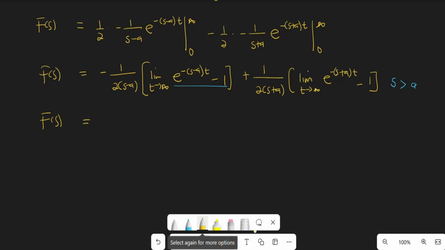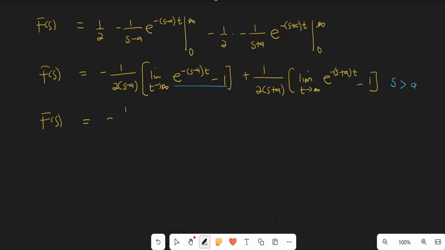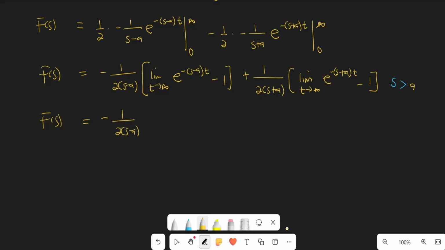So imposing that assumption means this exponent is now going to be approaching negative infinity as t is approaching infinity. And as the exponent is approaching negative infinity, everything here is going to be approaching 0. Okay, cool. So this is what we have, and then s is greater than a, and then we are going to have negative 1 all over 2 times s minus a, right?